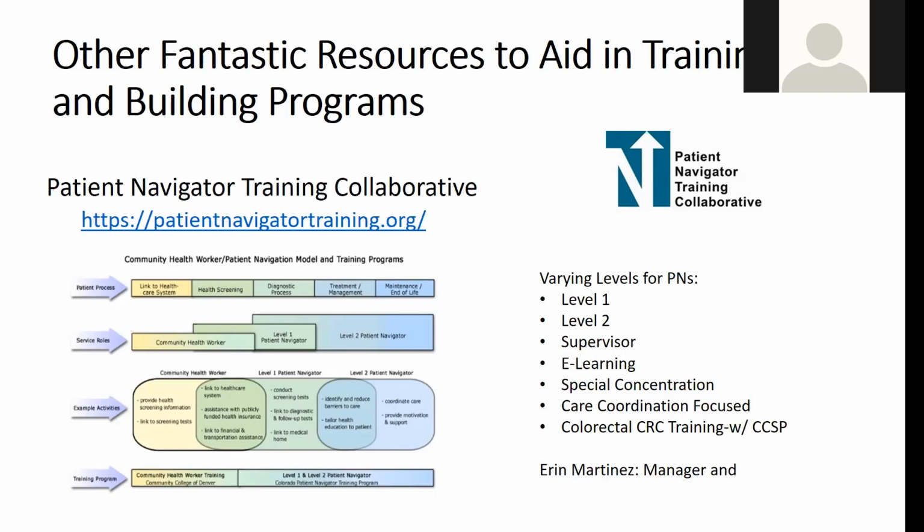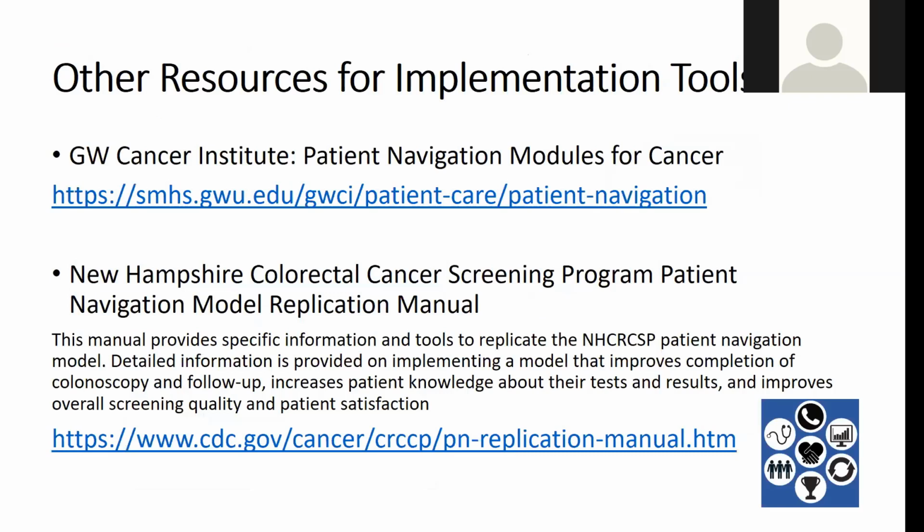I would say that in probably about 10 to 15 different states, we've done implementation training around navigation. But I think Lynn Butterly and her team, with support from the Cancer Control Program in terms of the implementation model and replication model, one of the key parts of sustainability of navigation for colorectal cancer has really been showing the value and quality of navigation.